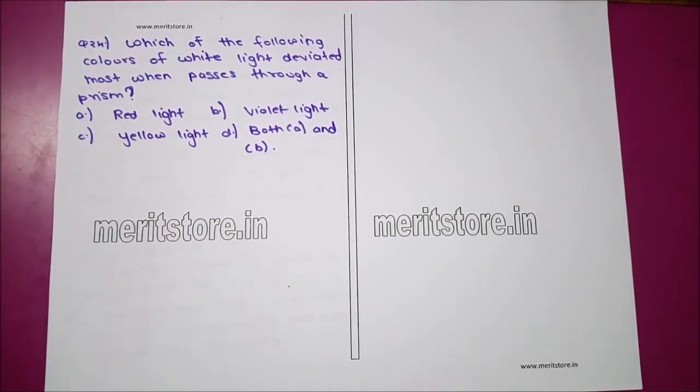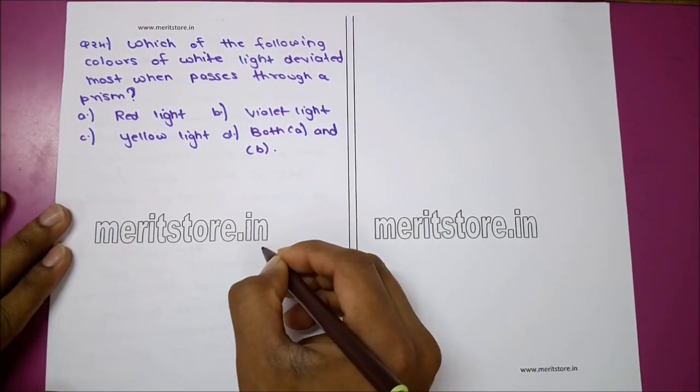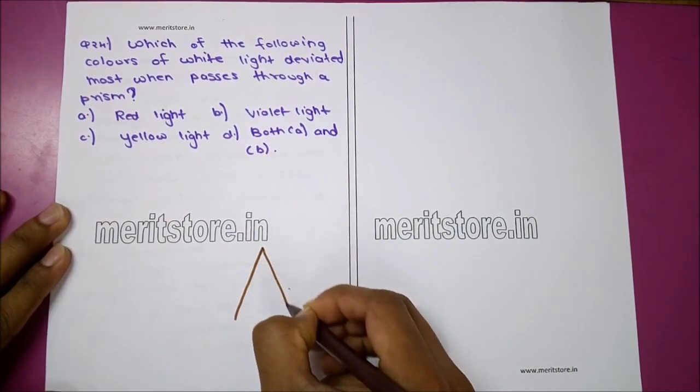Which of the following colors of white light deviate the most when passed through a prism? The options given are red light, violet light, yellow light, both A and B, that is red and violet light. Let's see a prism.